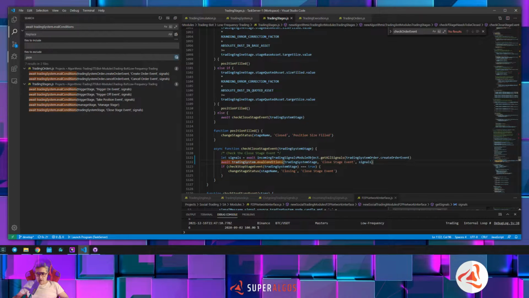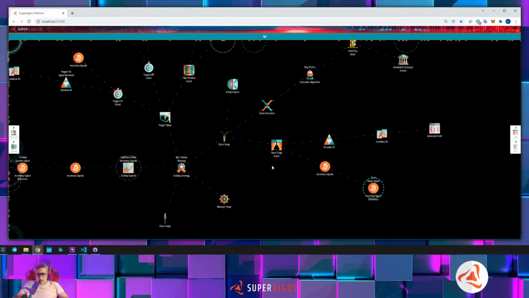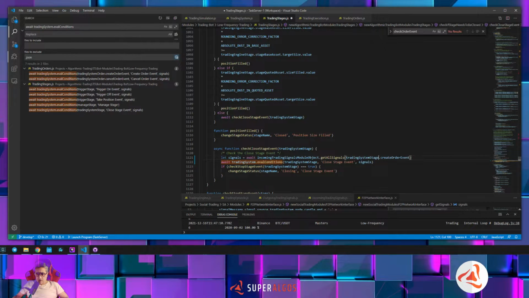I don't know why this is evaluating the condition for all the stage, but it seems that it only takes into account this guy. Okay, I can live with that. So from here, trading system stage, close stage event. Okay, so we got this one.